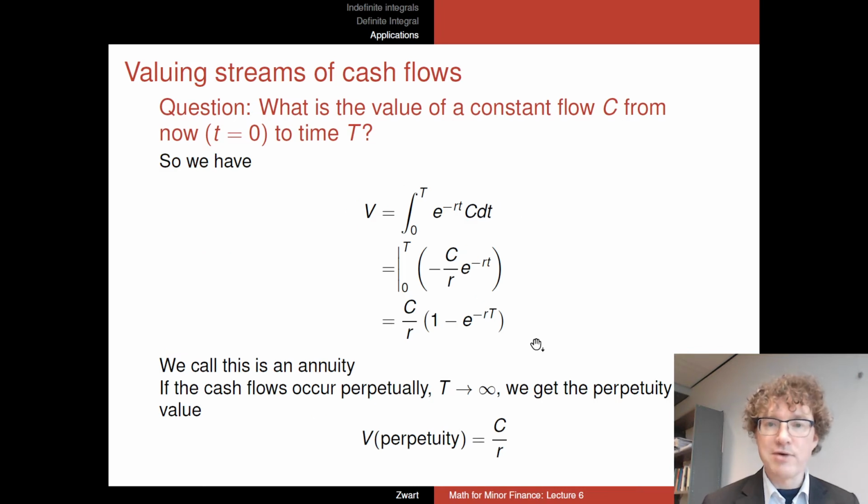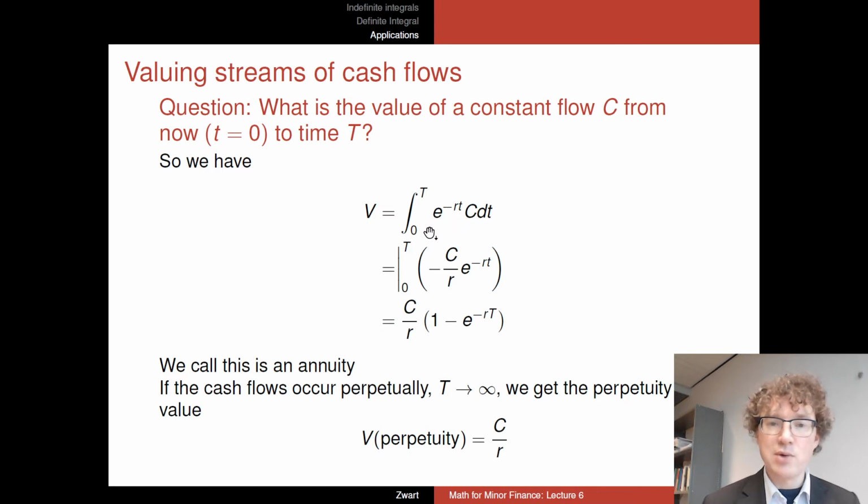Okay, so let's have a look. If I rephrase this in terms of this new discount rate with continuous compounding, then we want to evaluate this constant cash flow C discounted by this discount factor, e to the power minus rt.